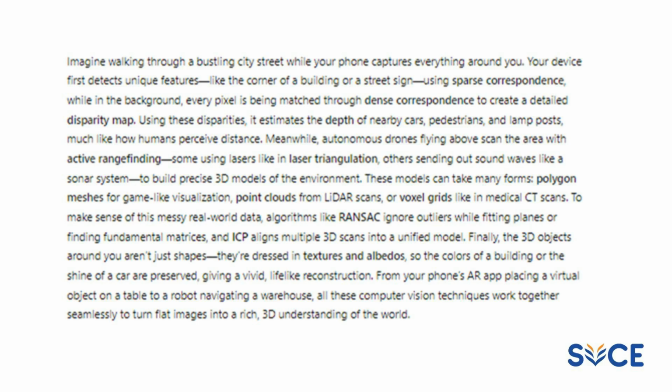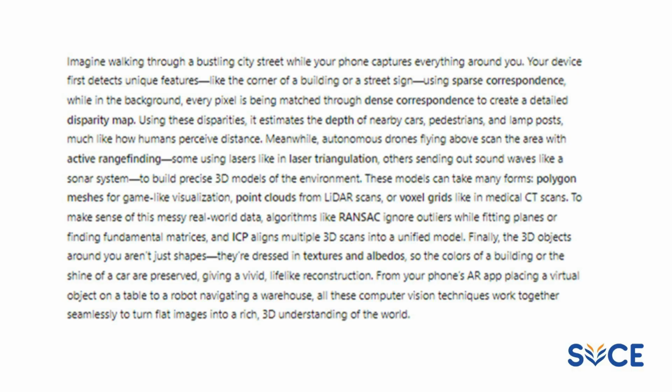Next, we can move on to one of the last topics, 3D reconstruction and depth estimation. Think about walking down a busy street with your phone camera on. As it records, it's not just capturing a flat picture, it's actually trying to understand the 3D world around you.